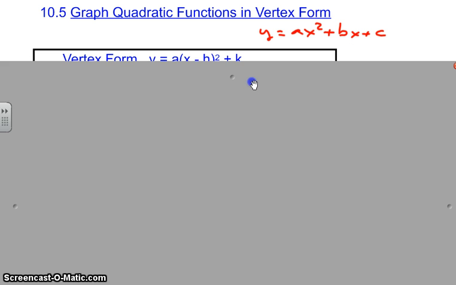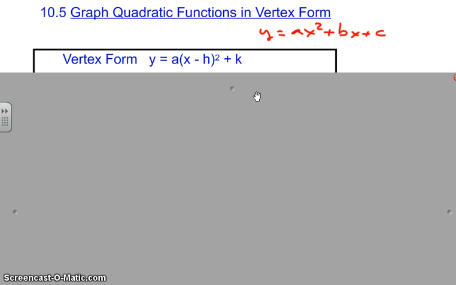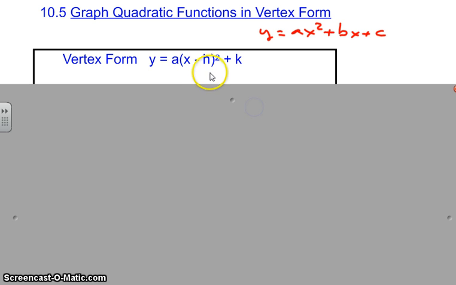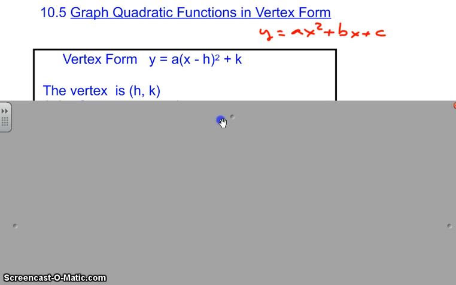So we are looking today at vertex form, which looks a little bit interesting, a little bit complicated. But the nice thing about this form is that when you have an equation in this form, (h, k) is your vertex. So if someone gives you this form, you can see your vertex right away, which is the most important point we often talk about in a parabola.